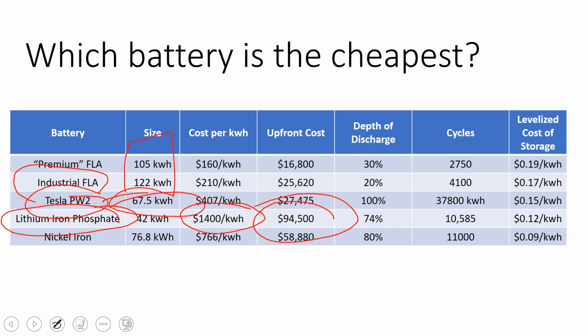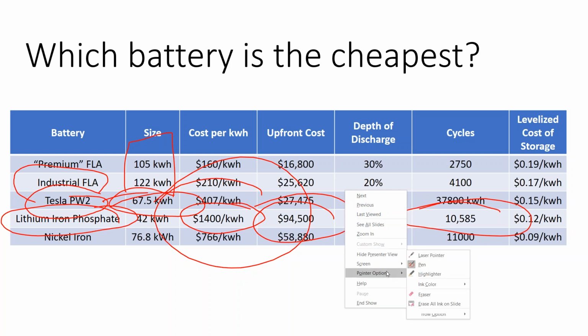For extreme remote applications where the on-site power demands are not that large, spending a few $1,000s on a lithium iron phosphate battery will give you a 30-year maintenance-free battery.